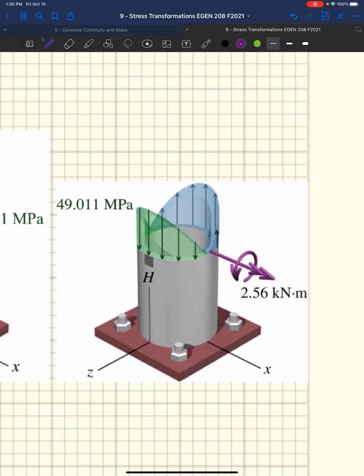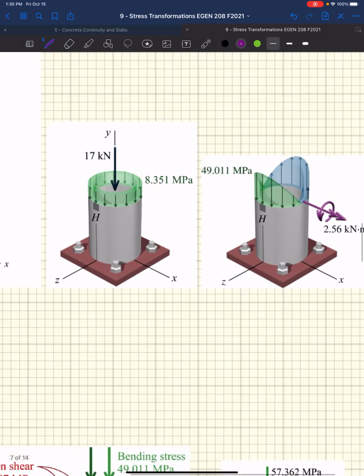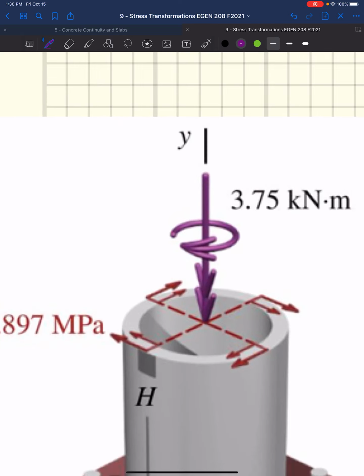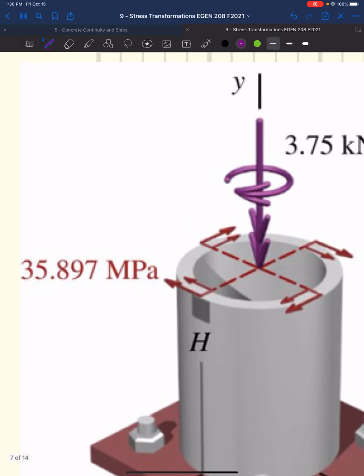So we could calculate our maximum and minimum bending stresses, which are going to be at the maximum distances from our neutral axis, or the centroid of our section. So we got 49 megapascals there. And then with the applied torque along the axis of our member, with torsion, we know the shear stress, tau, equals the torque times the max radius divided by the polar moment of inertia. So our maximum shear stress is acting at our maximum radius in our pipe, okay? We could calculate what that shear stress is.